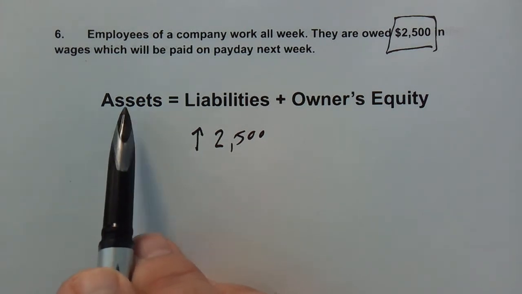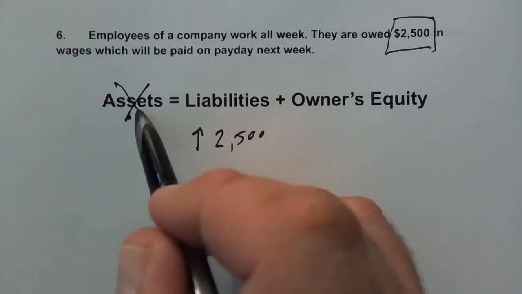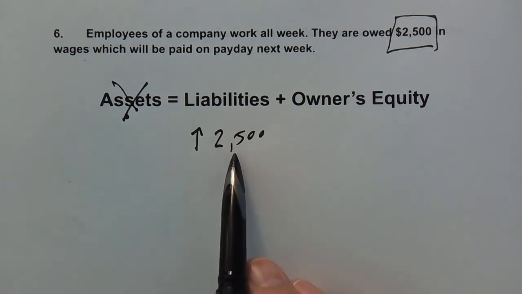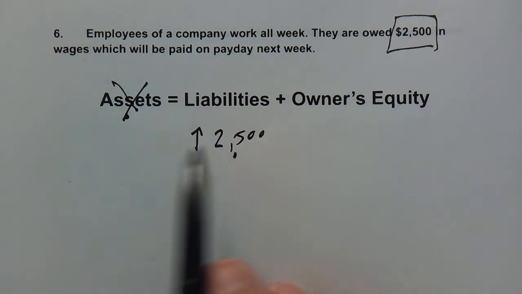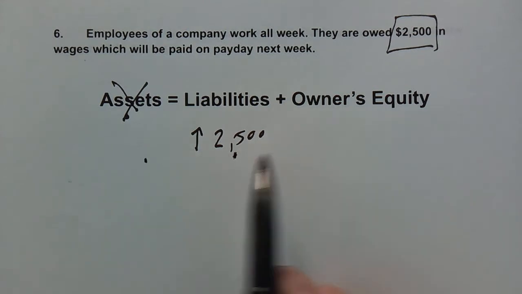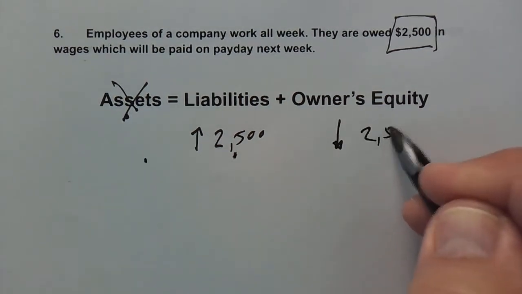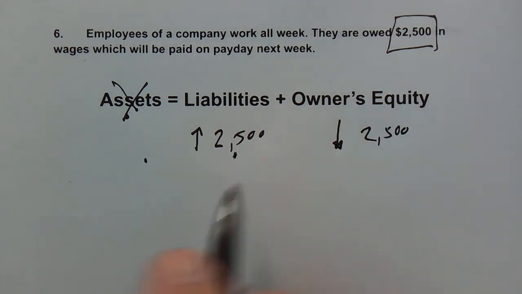So that means there's no change in the assets. Once they pay it, maybe the assets will go down because the cash will be going to the employees. But in this case, we just owe the employees $2,500. Since there's no change in assets, to keep things in balance, there's going to be a decrease in owner's equity of $2,500. And that would keep the accounting equation in balance.